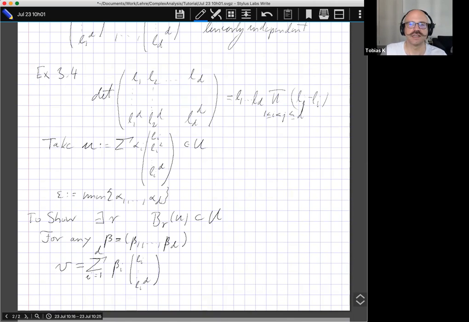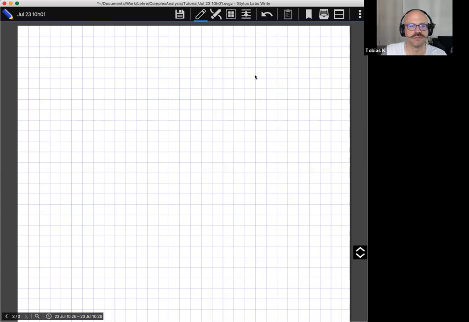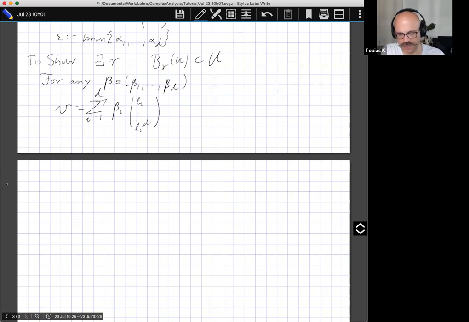So what is then the length of the vector? So the length of the vector squared is equal to the sum k equal 1 to d of v_k squared.